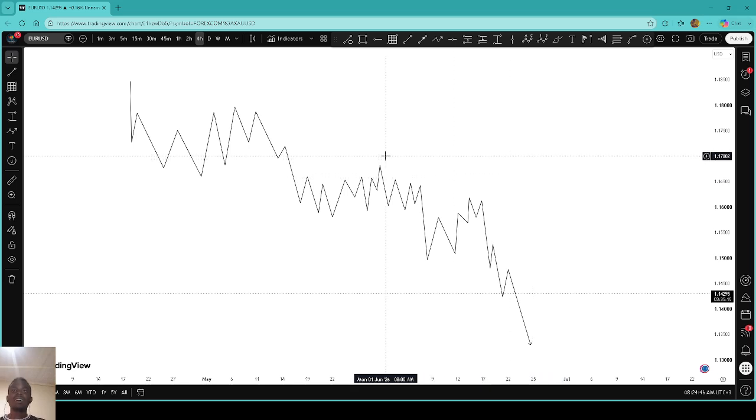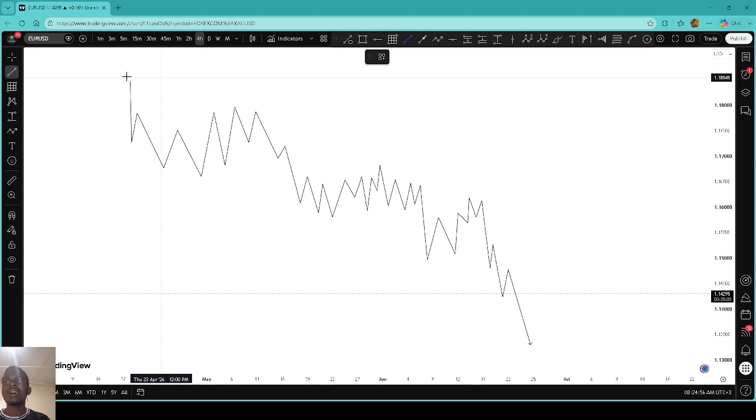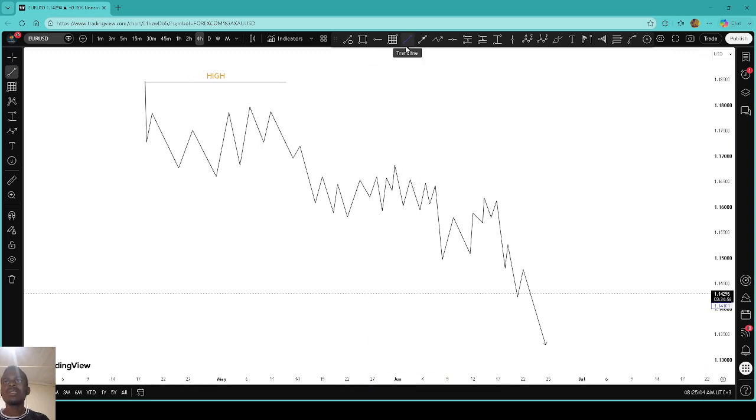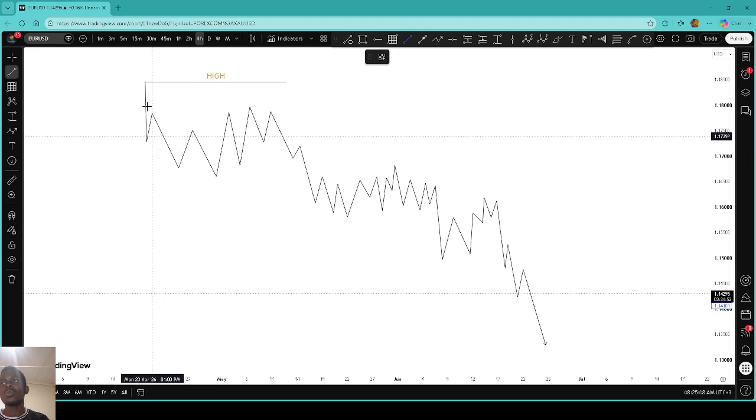Okay, now we can see whatever the market has been doing clearly. So the market created a high over here. After creating the high over there, it came again and created a low. So which one will be our low?